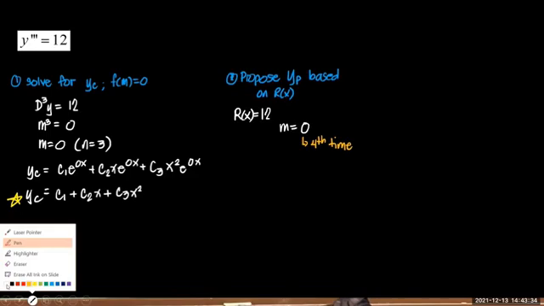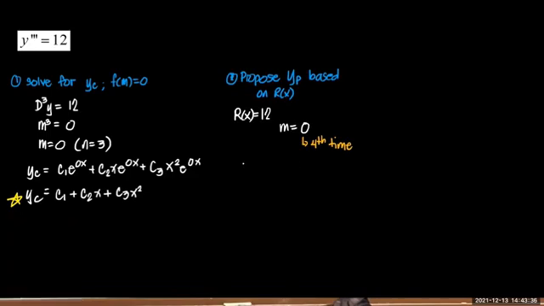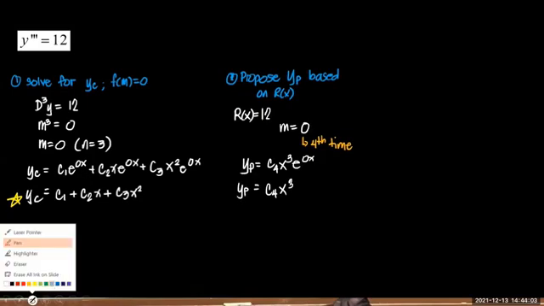Therefore, you can safely propose yp is equal to c4 x cubed e to the 0x, or if we remove the e to the 0x because m equals 0 anyway, I can just say c4 x to the 3rd power is equal to your yp. Let's go to the 3rd step.